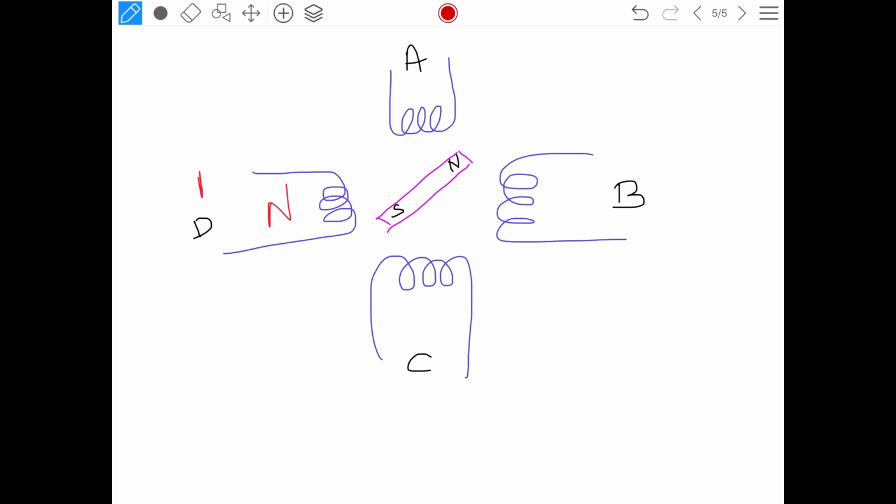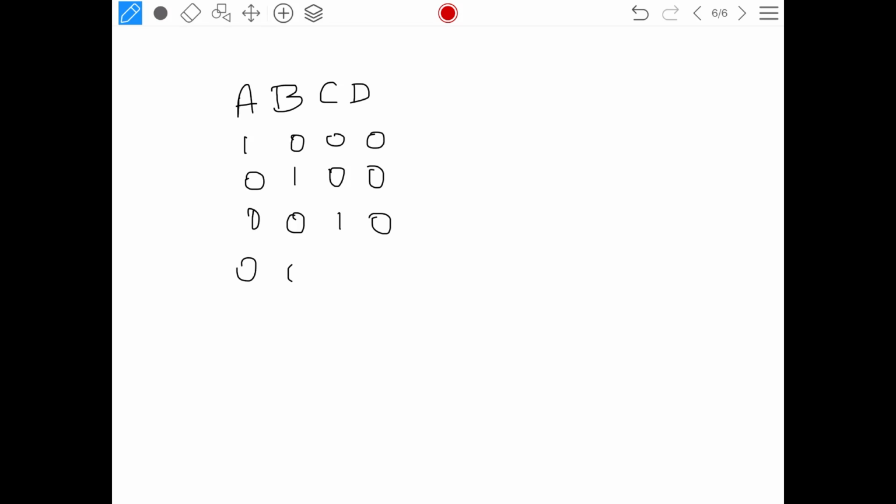The rest of the bits are 0, so 0, 0, 0, 1. Writing the sequence overall, I will have A, B, C, D. First A was energized, next B, next C, lastly D.